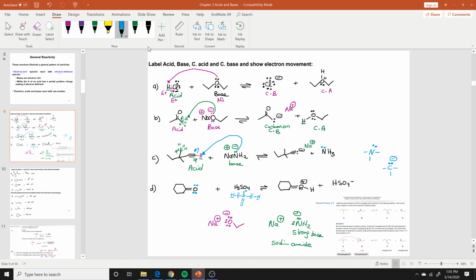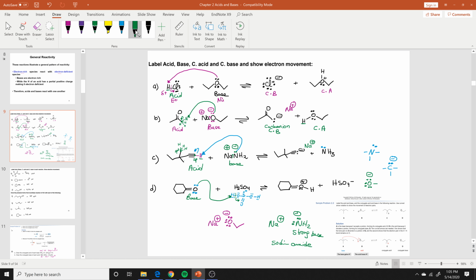The reaction will be from the base lone pairs to the acidic hydrogen over here. You're forming a bond, you're breaking a bond. So you're breaking this, and the electrons of this bond will add to the oxygen. So now the oxygen in here will have 3 lone pairs. If I want to draw the Lewis structure of this, it's going to be an O with a negative charge.